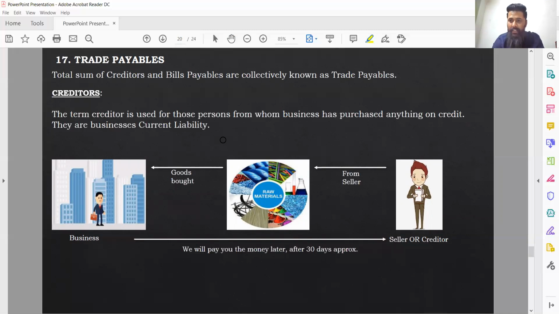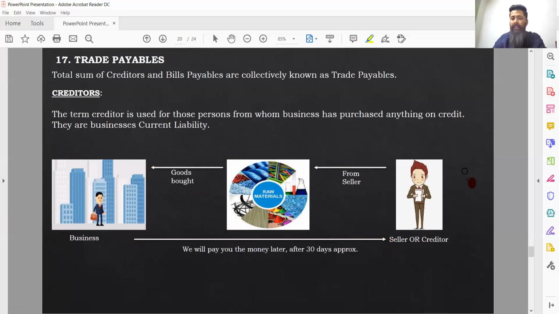While discussing debtors and BR, we took the example of credit sales. Now, while discussing creditors and bills payable, we will be taking the example of credit purchases. That is the only difference in the story. If the business has bought goods or raw material from the seller on credit and is not making payment right now but availing a credit period, the business is saying to the seller that we will pay you the money later, after approximately 30 days.